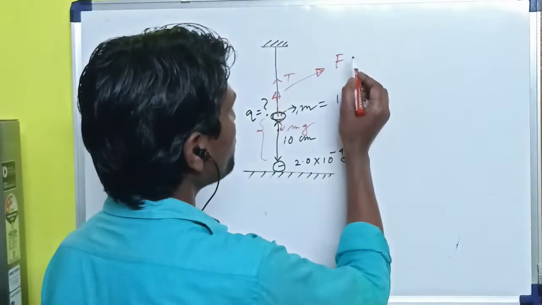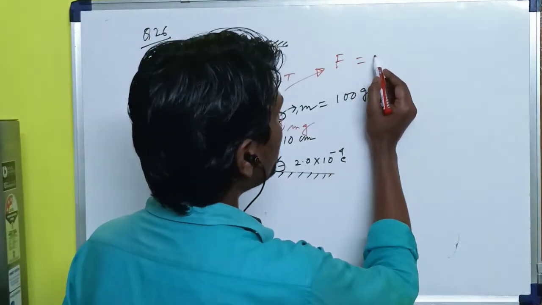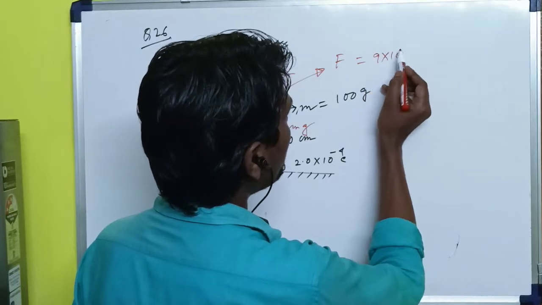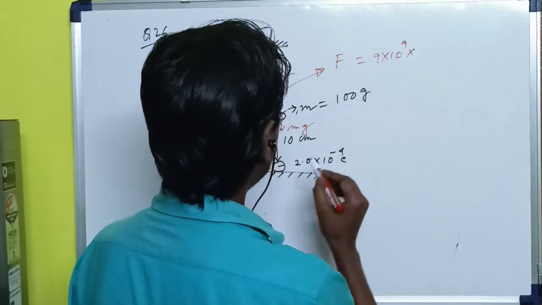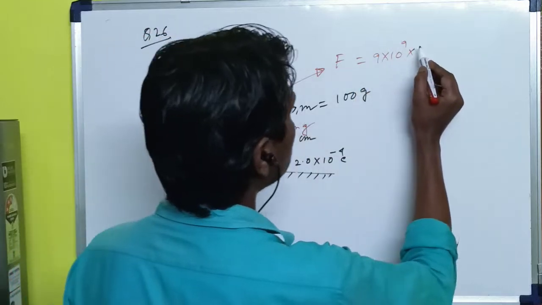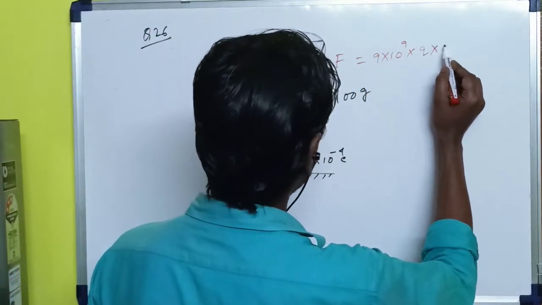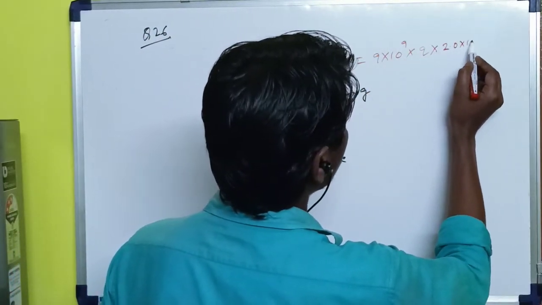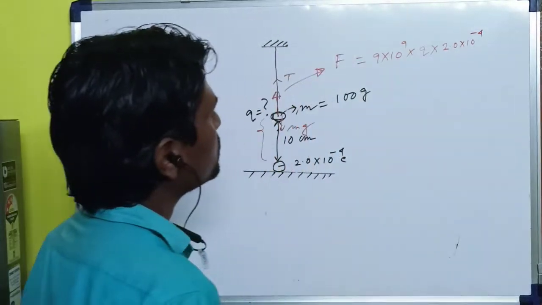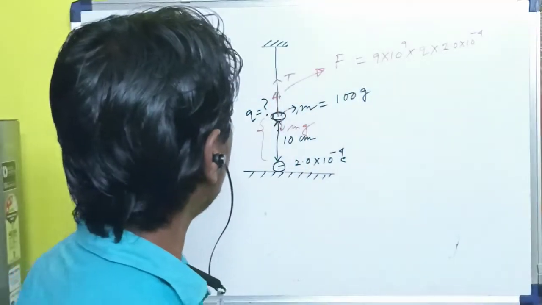F equals 1 by 4 pi epsilon naught, that is 9 into 10 to the power 9 into Q, the charge of the bob, and 2.0 into 10 to the power minus 4 coulomb. So k into Q1 Q2 by R square.